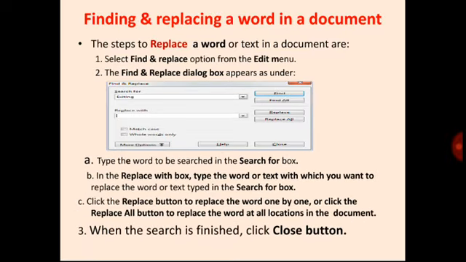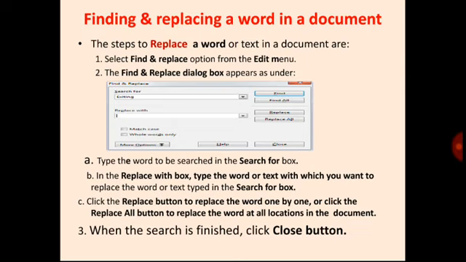Finding and replacing a word in a document. If we want to find a word and replace it with some other word, then we use this feature. Select the find and replace option from the edit menu. The dialog box appears as earlier.